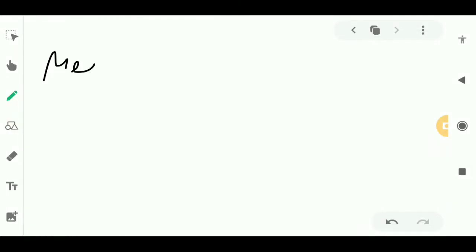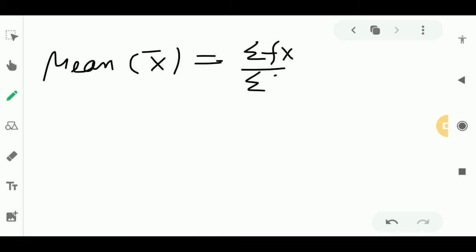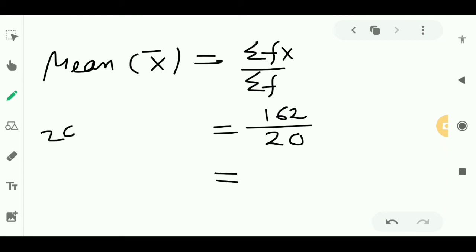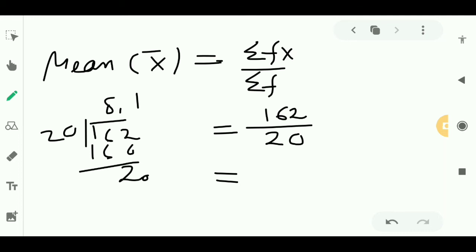So now we will find out mean. Mean is written as X bar, and the formula is summation Fx by summation F. So summation Fx we have got 162 and summation F 20. So after dividing we will get the mean. Direct division I am going to do. 160, 2 will be there, point will be there, 8.1.